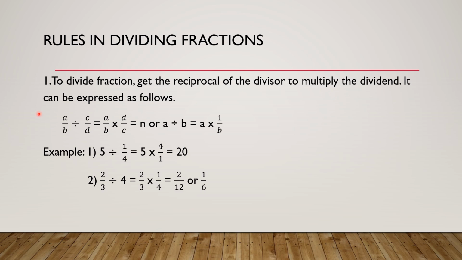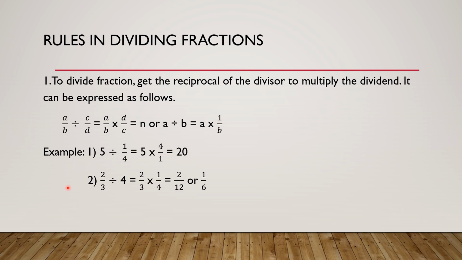It can be expressed as follows: A over B divided by C over D is equal to A over B times D over C, or A divided by B is equal to A times 1 over B.